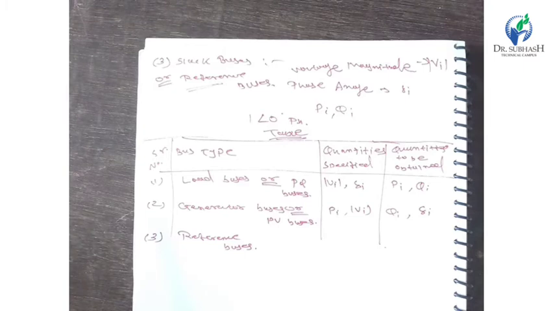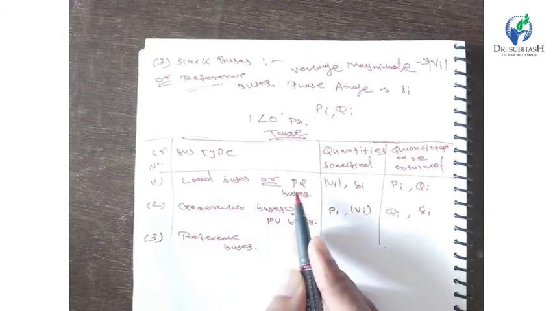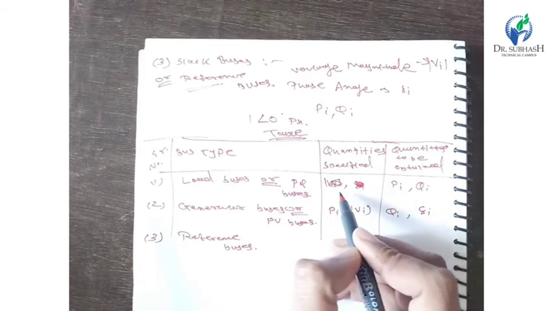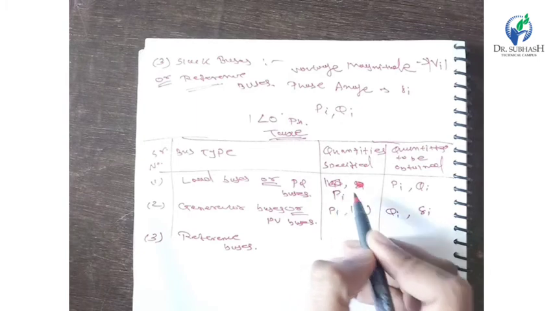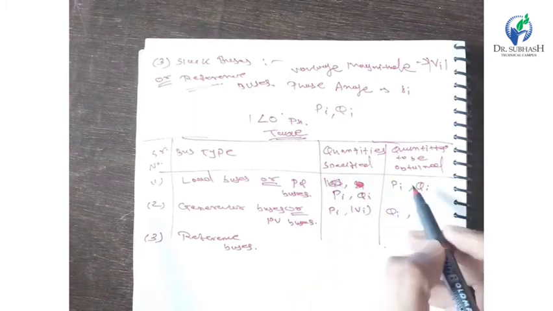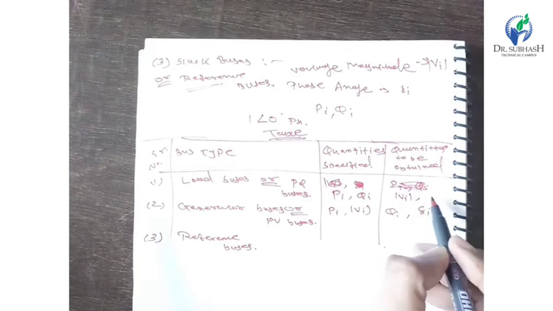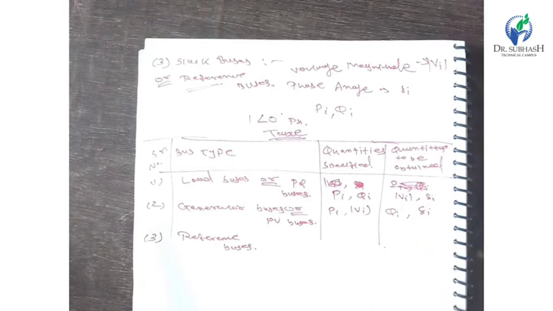For the reference bus, the specified quantities are the voltage magnitude and the phase angle, and the obtained quantities are the active power and reactive power. For the load bus, active power and reactive power are the specified quantities, and the voltage magnitude and phase angle are the obtained quantities.